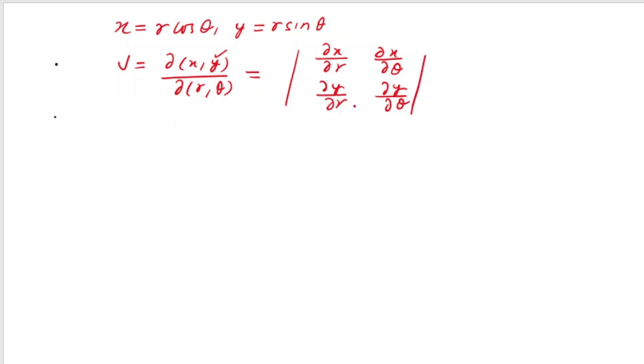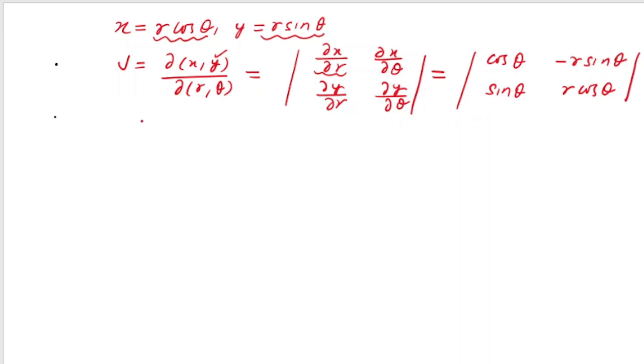Then if we solve it, what will I get? x is equal to r cos theta, so del x by del r will be just cos theta, and del x by del theta: the derivative of cos theta is minus sin theta, r is a constant, so it will be minus r sin theta. And del y by del r will be just sin theta, and del y by del theta will be r cos theta.